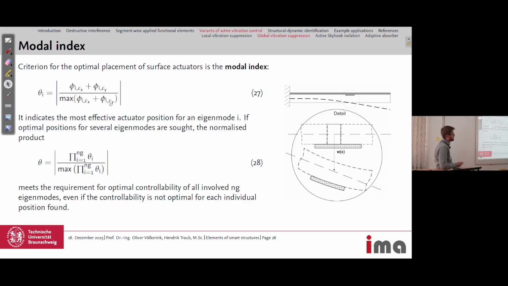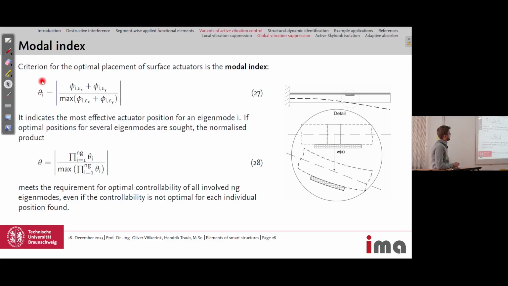If we place them really in the position where the highest surface strain occurs, then this modal index for the first eigenmode would be 1. If we cannot place them in the location where the highest surface strain occurs, then this one would be smaller than this one. This stays the same. Then the modal index is smaller.